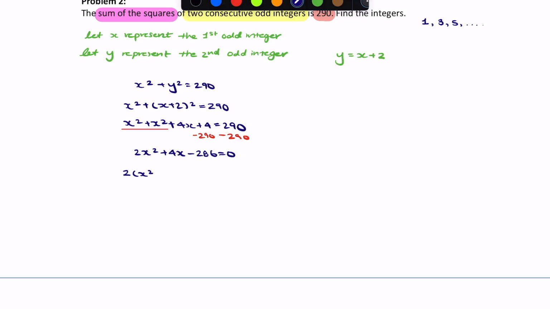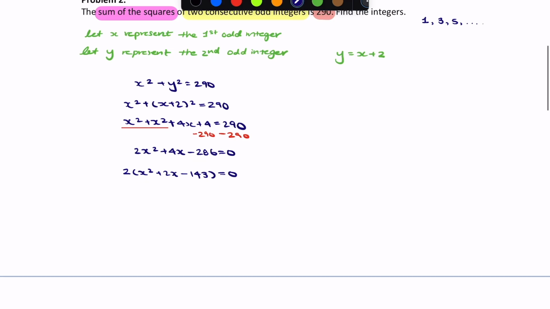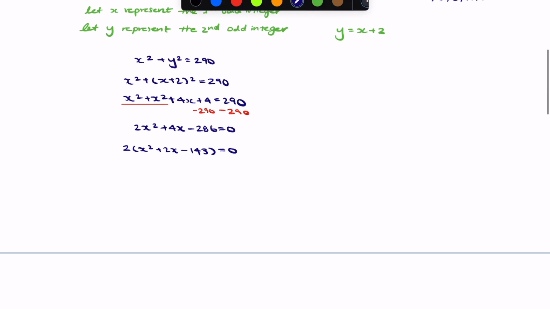So we'll be left with x squared plus 2x minus 143 is equal to 0. So here the two factors will be x plus 13 and x minus 11 is equal to 0.